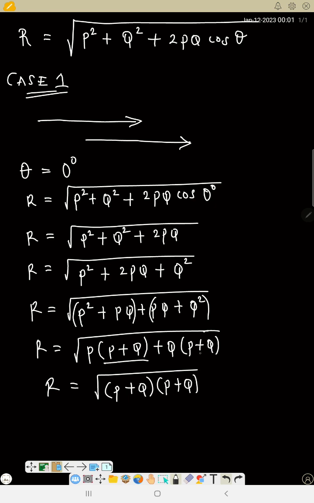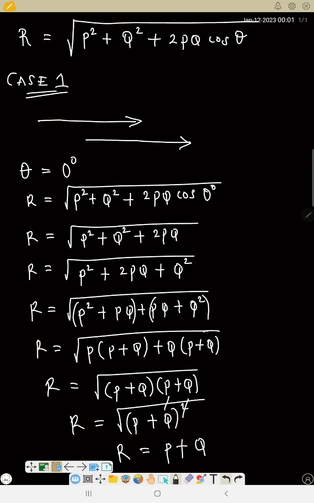That is, take one p plus q and take the outside one. So this is the same thing as r is equal to the square root of p plus q all squared. So now the root will cancel out the square. So r is equal to p plus q.